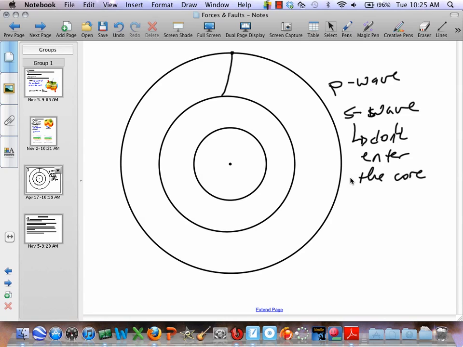Well, that's why we're going to do a quick little lab with you guys. You're going to have to use a little bit of math for me. I know, but oh well. So we're going to do a little bit of a lab that'll help you understand how we actually use seismometers to then determine where the earthquake occurred. So it's kind of a neat little tool. So let's go ahead and get you guys into your groups.